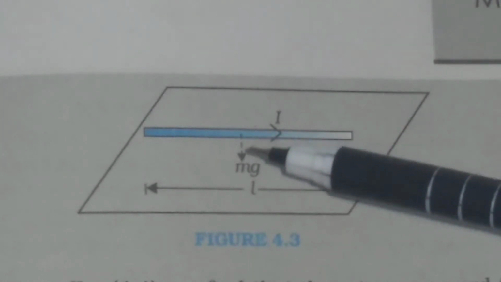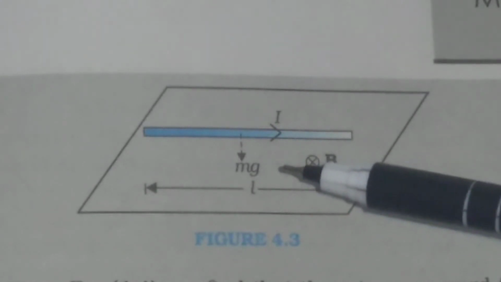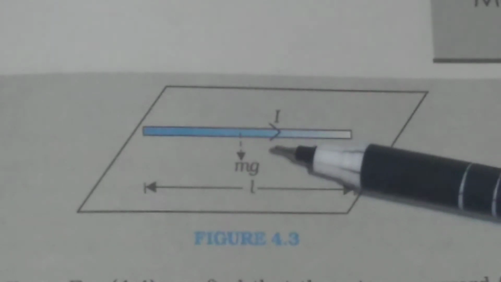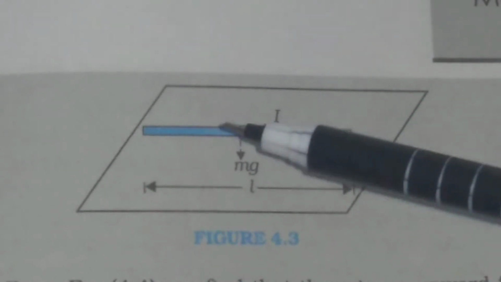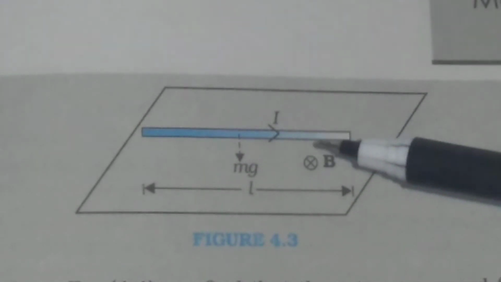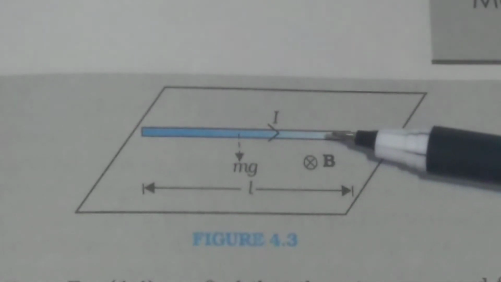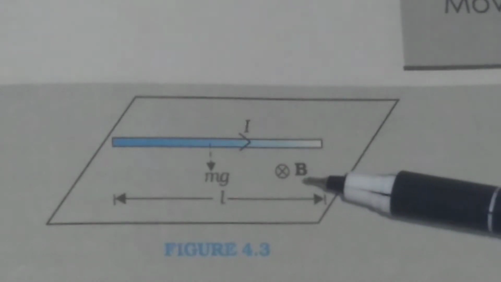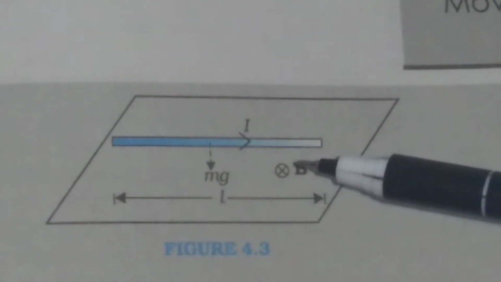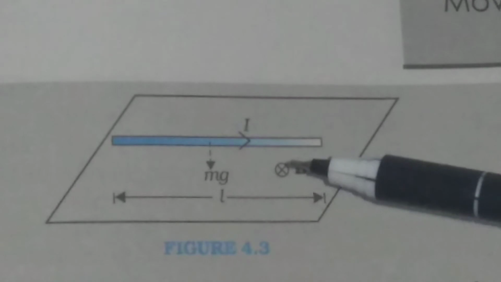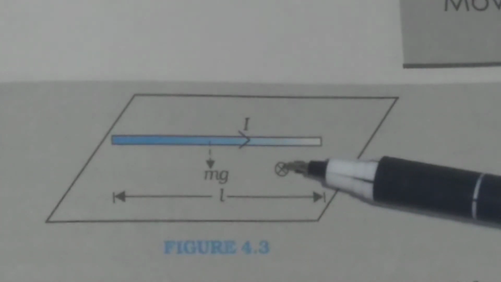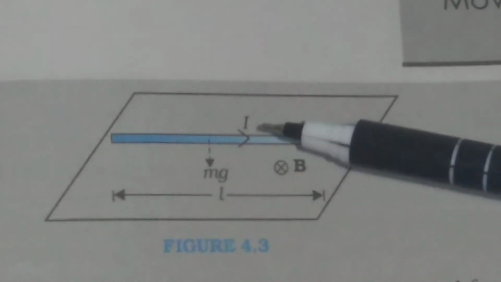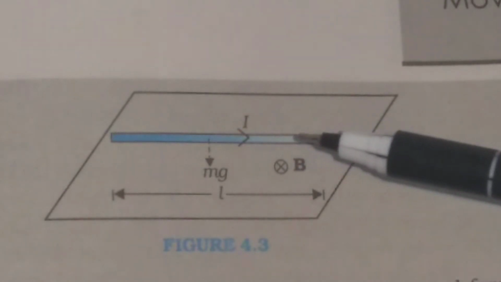The weight of the wire is in the downward direction, and the magnetic force due to the current carrying conductor is in the upward direction. That is why the wire is suspended in free air. In this figure, it is given that the magnetic field is horizontal. Here, the cross means the magnetic field is along the y direction and away from you, and the direction of the current is along the x direction.